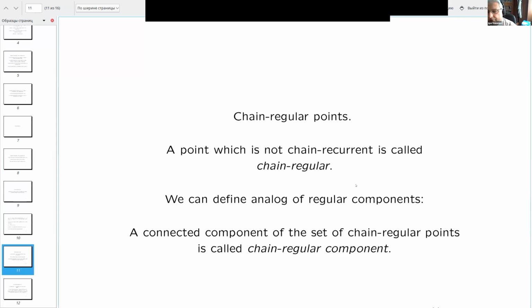A point which is not chain recurrent is called chain regular. And by analogy to the Birkhoff construction, we can define chain regular components as connected components of the set of chain regular points.